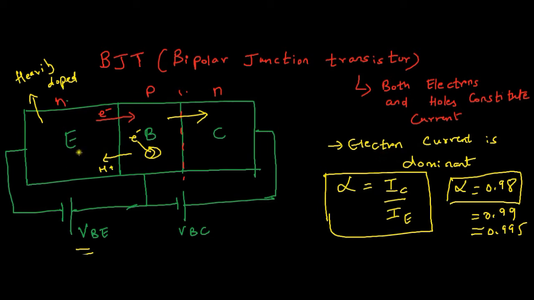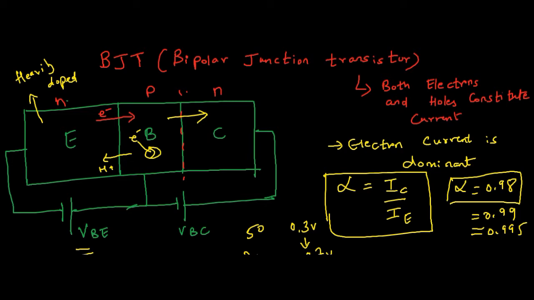Say 50 electrons have traveled from emitter through base to collector for VBE equal to 0.3 volt. If VBE is increased to 0.7 volt, the number of electrons will rise exponentially.